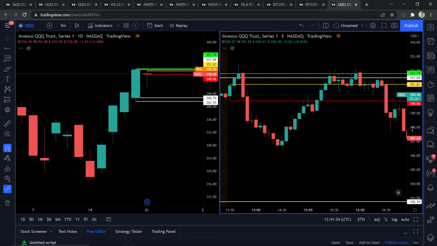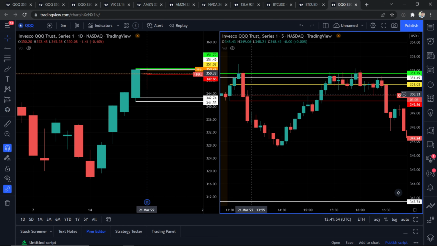All right. Then I simply mark a line right at the first 5-minute low, which is your low of day. And as this candle forms, I am now stalking an entry for QQQ puts to the downside, right?